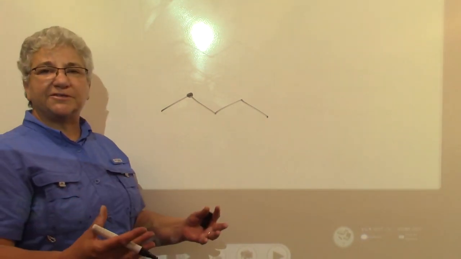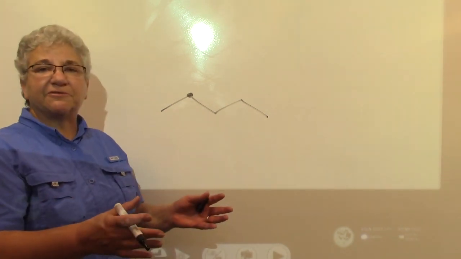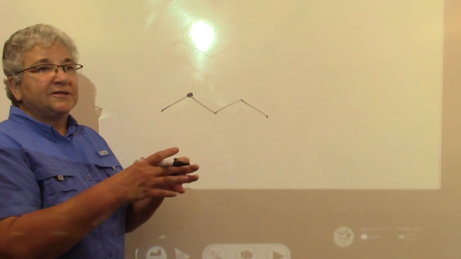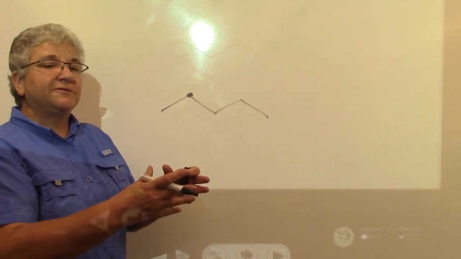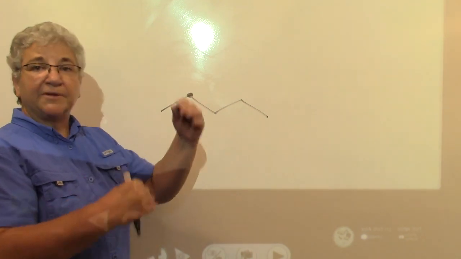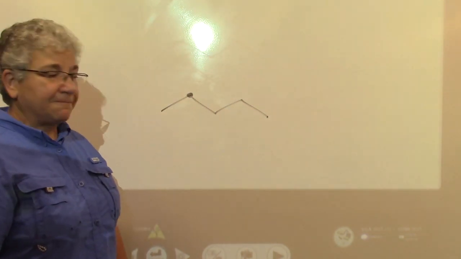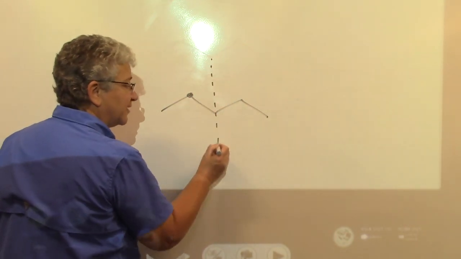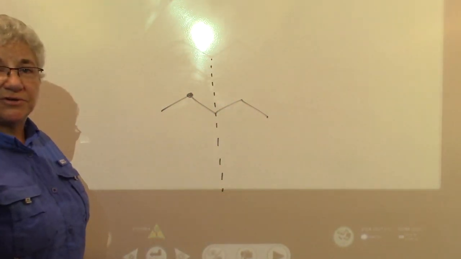Their environment is different. What's bound to them is different, which makes them feel a different magnetic field, and therefore have different spin flip energy requirements. Okay. So again, ideally you can see the plane of symmetry is here.